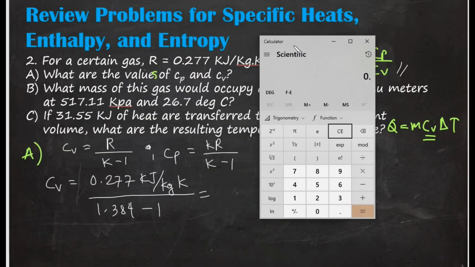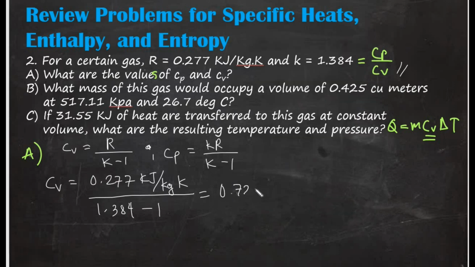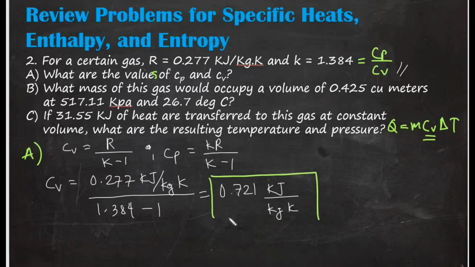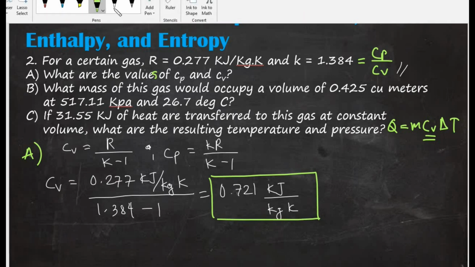So let's get our calculator. We have 0.277 divided by 0.384. So the answer is 0.721 kilojoule per kilogram Kelvin. Let's put a box to that. Now how about C sub P?